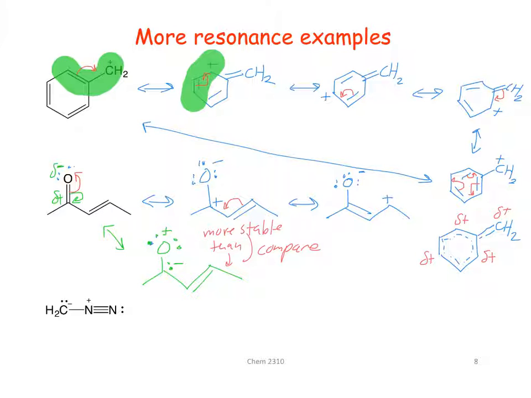So this one would be much less stable. Right? So in fact, it probably wouldn't contribute much to the overall structure or character of this molecule. Mostly what we would see is that there's a delta minus on this oxygen.